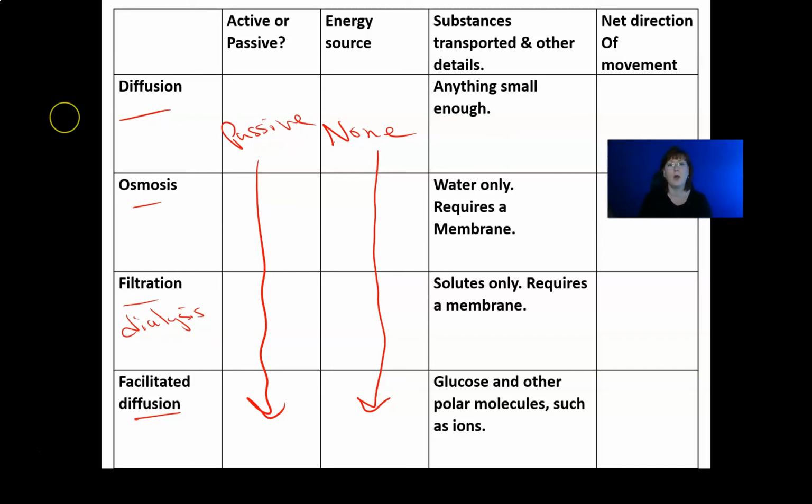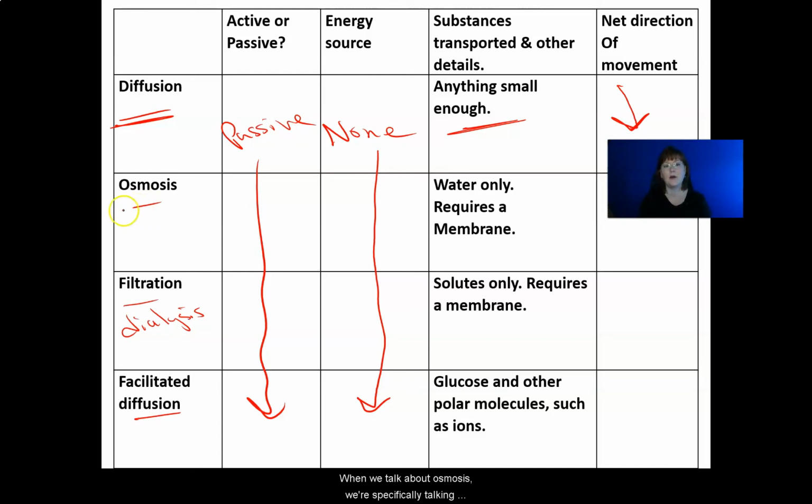When we talk about diffusion, we're really talking about just anything that's small enough to move. And that molecule or those molecules are always going to move down their concentration gradient. So they're going to bump around and they're going to move to where there's less of those molecules.